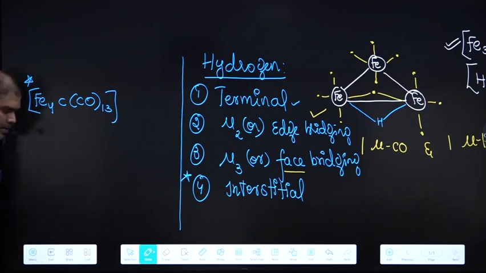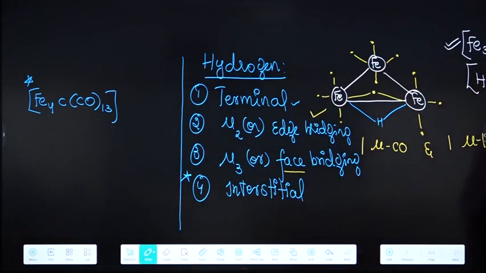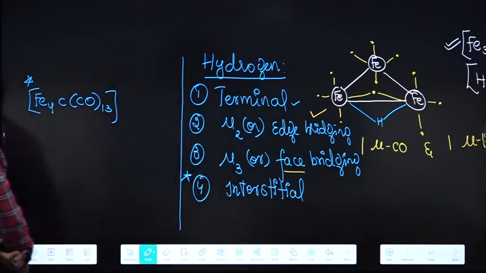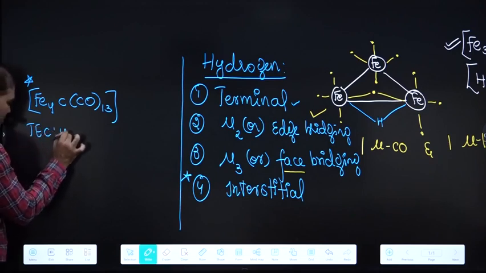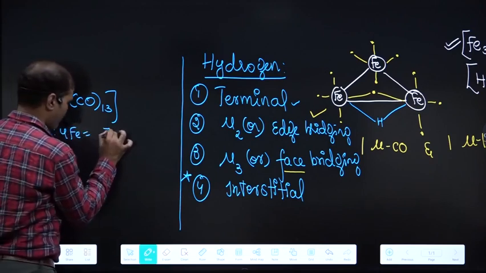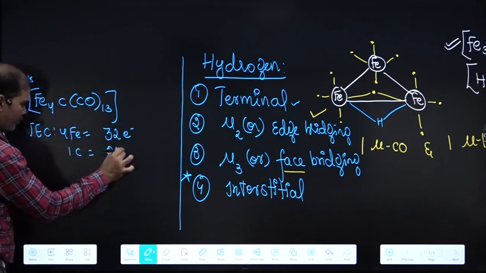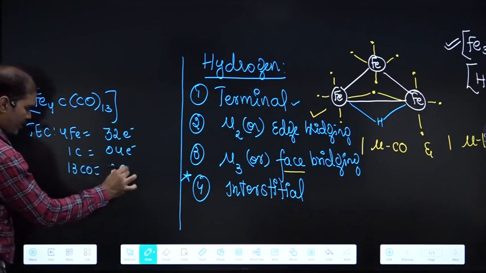Fe4CCO13. What is its total electron count? All these are very important examples that I am giving you. 4 irons, 32 electrons, 1 carbon, 4 electrons, 13 carbonyls, 13 into 2, 26.